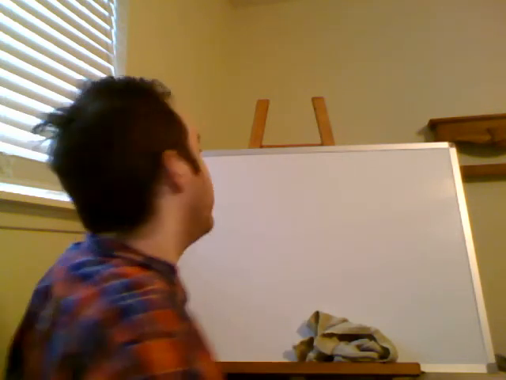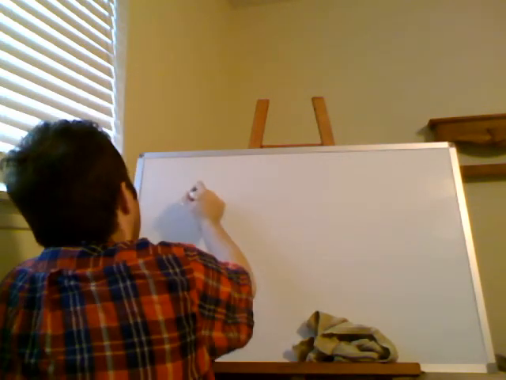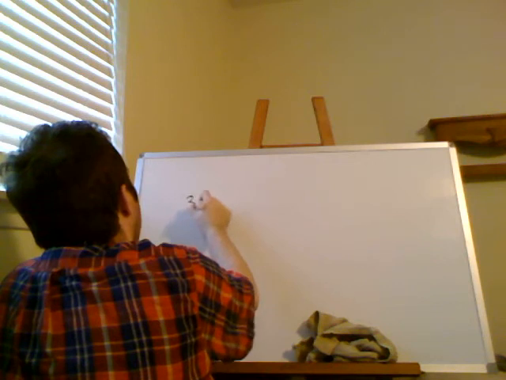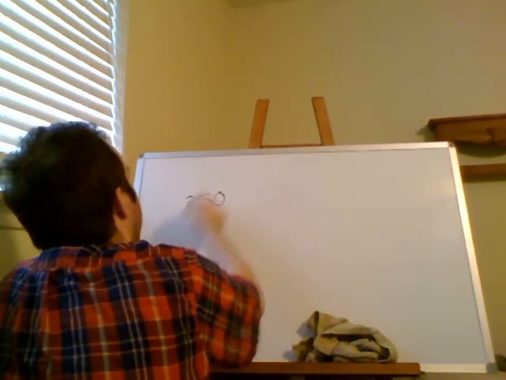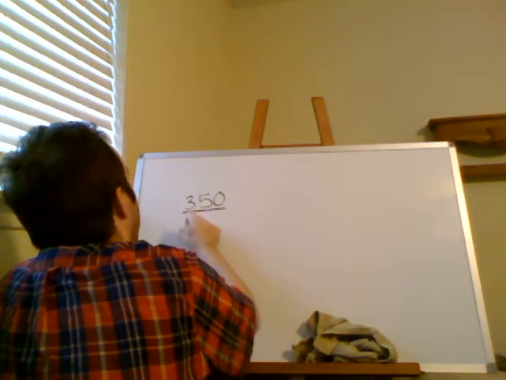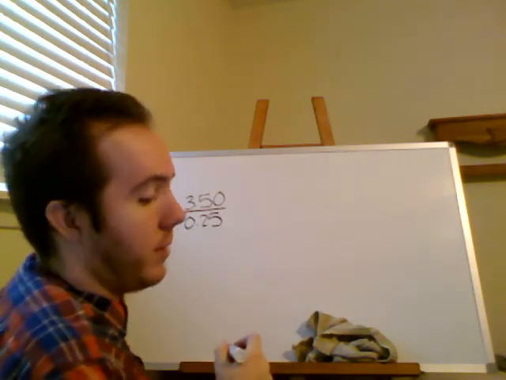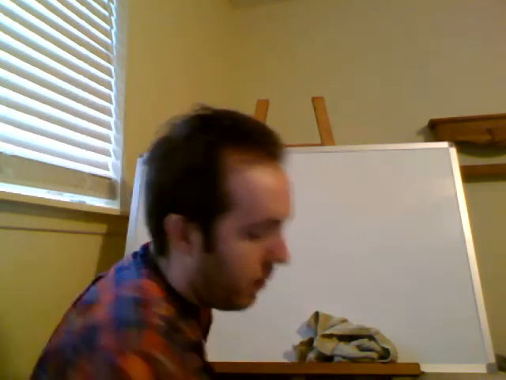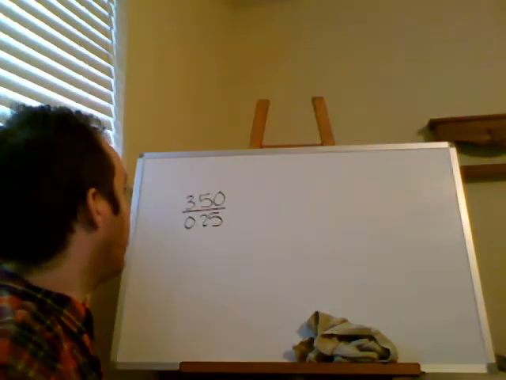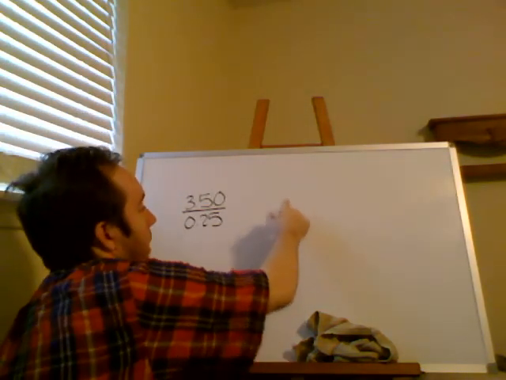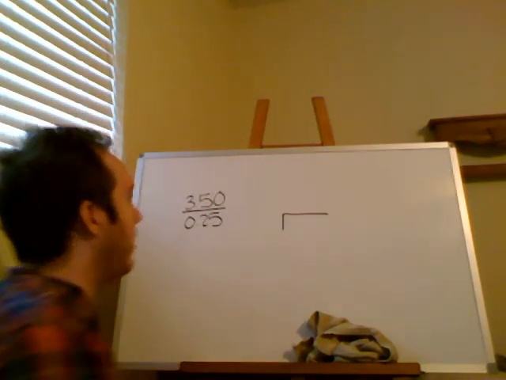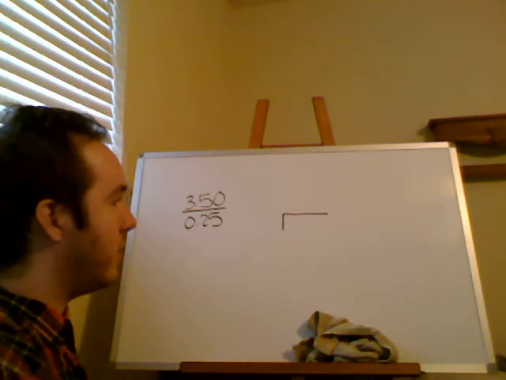So we have 3.50 over 0.25. And I apologize for that. And we want to know how that's going to work out for a division problem, right? You know this is going to be long division if I've already said it's division.